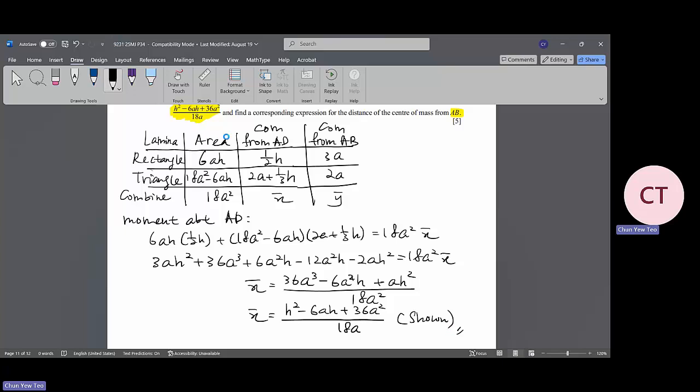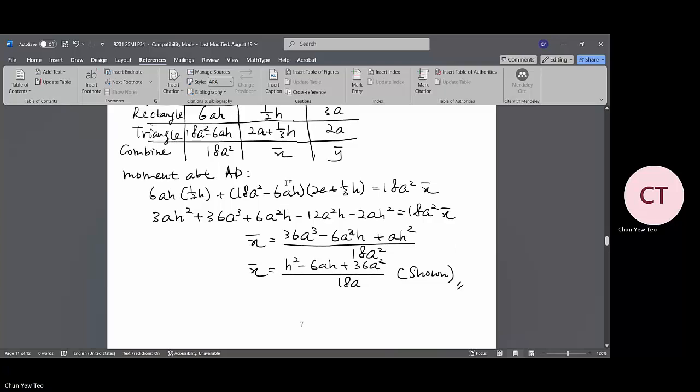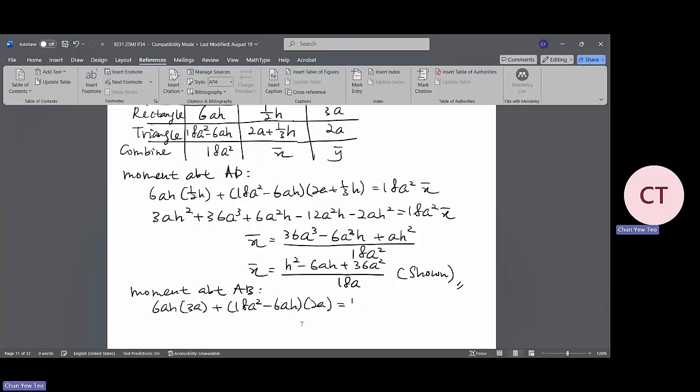Now we are looking for bar y. So for bar y, this one is the moment about AB. So you will have 6ah multiplied by 3a plus the 18a squared minus 6ah multiplied by 2a is equal to the 18a squared bar y.